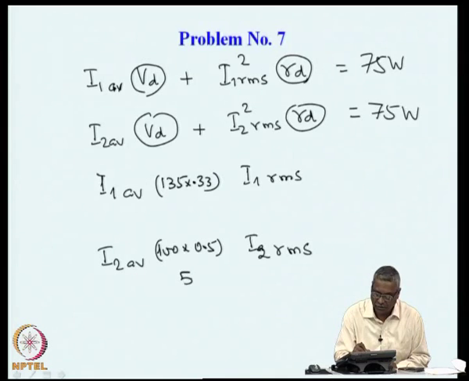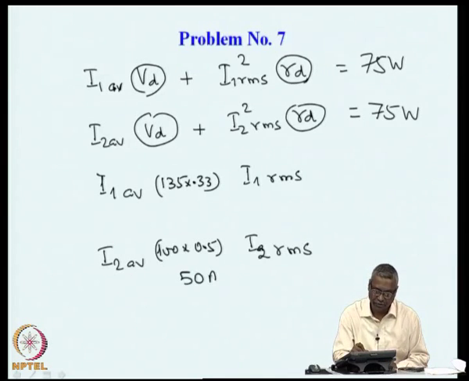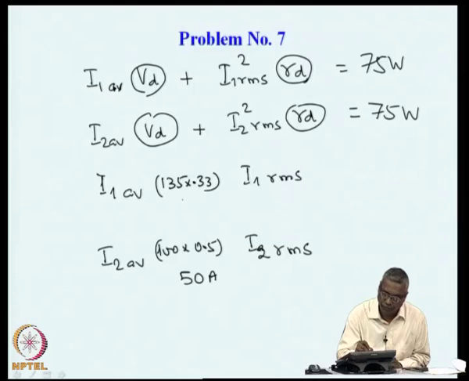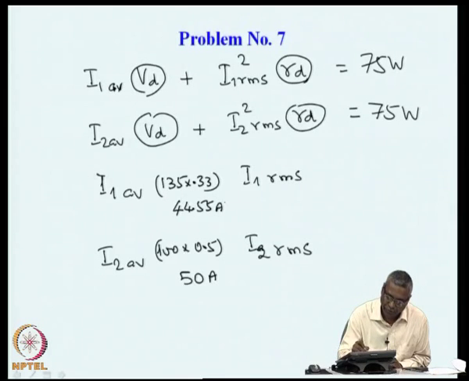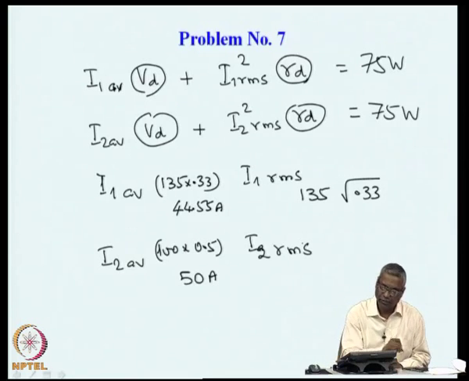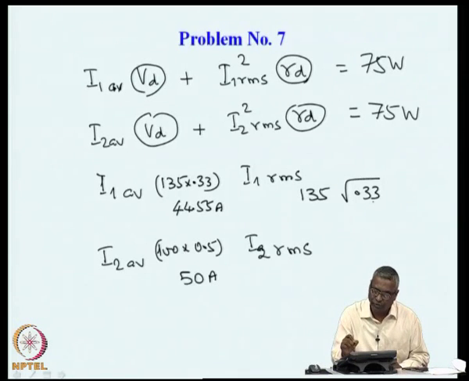So, this is 50 amperes and this is 0.33 into 135, which is 44.55 amperes. I1 RMS is 135 into root of 0.33 because it is a square wave application with a duty ratio of 0.33. You can cross check this.